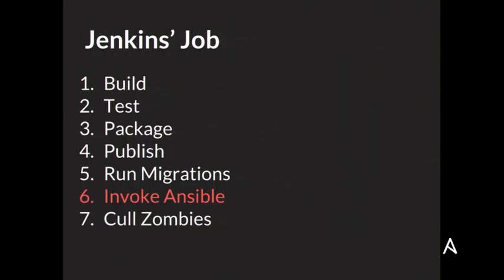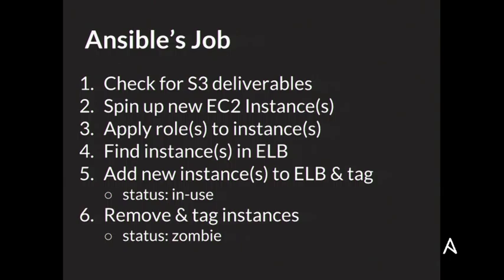All right, so this is Jenkins' job in this whole scenario: to actually build, test, package, publish, run migrations, and then hand off to Ansible. Ansible's job is to make sure that the S3 deliverables that we want are available, spin up EC2 instances, apply roles, find the current instances that are in the ALB, add the new instances, and then remove the old instances.